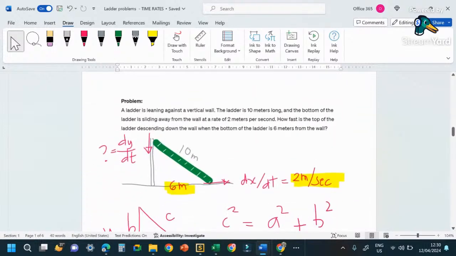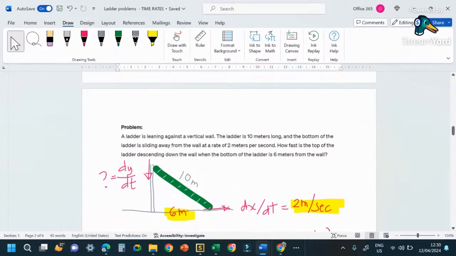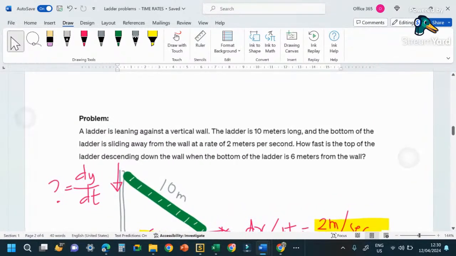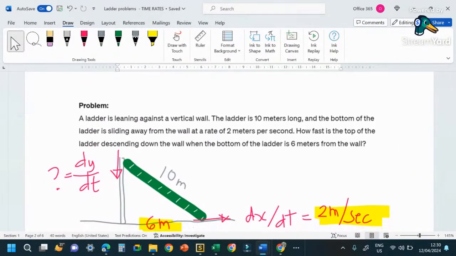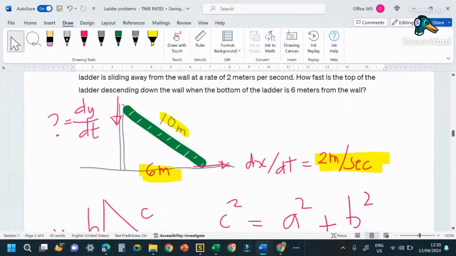Next question. For the next question, I already had done it a while ago. So a ladder is leaning against a vertical wall. The ladder is 10 meters long, and the bottom of the ladder is sliding from the wall at a rate of 2 meters per second.